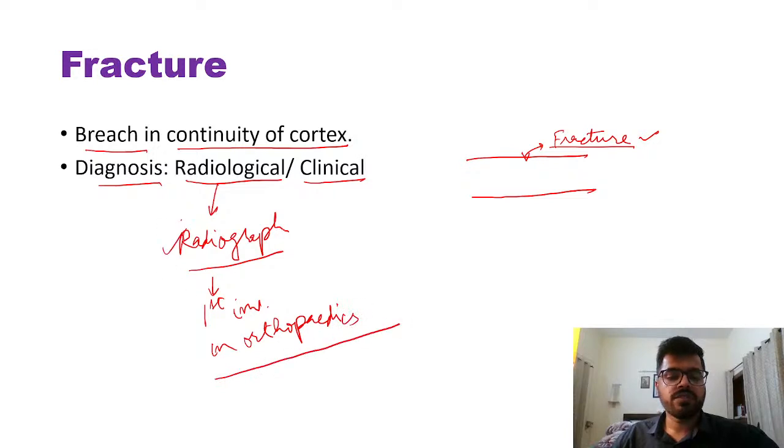Whenever there is some problem, we get an X-ray done. There we can simply see the breach in continuity of the cortex, and hence we can diagnose the fracture. It's no rocket science.